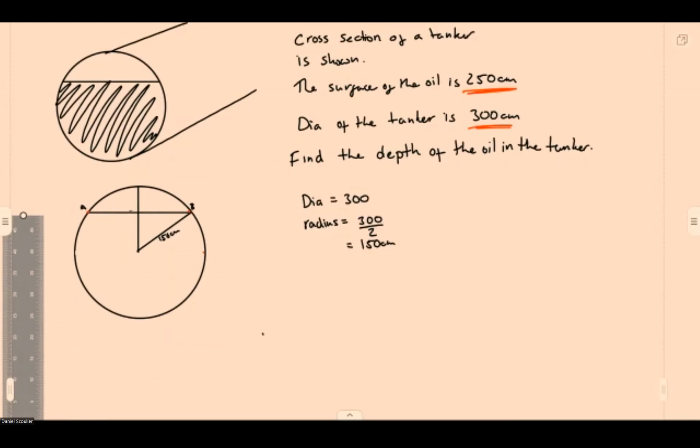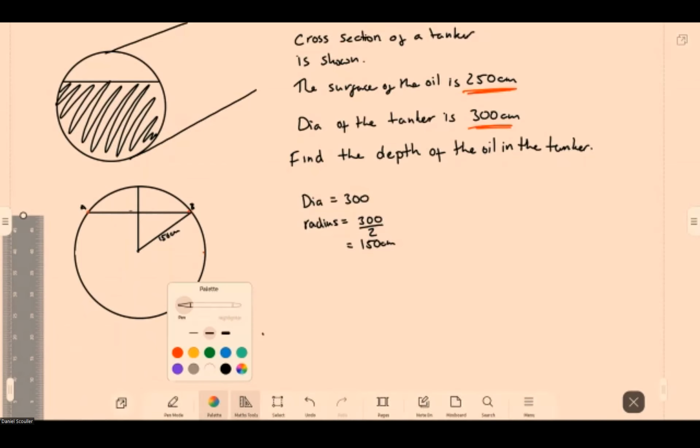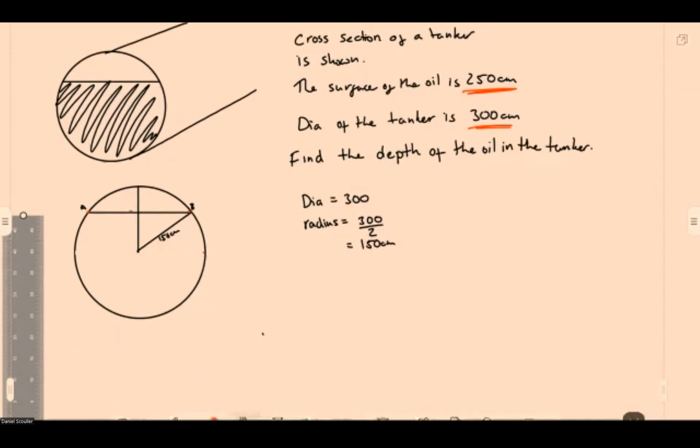So we cut that chord that's 250 centimetres from A to B in half. We now know the distance from the centre to the outside edge is 125. And we've created a right angle triangle.